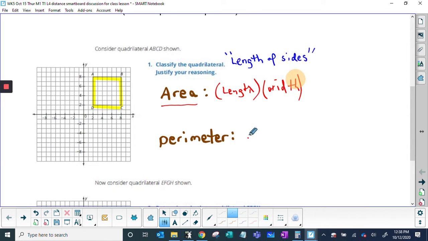Perimeter is the distance around. The distance around. Well, in this case, it's pretty simple, right? We just count the boxes, and we got it.